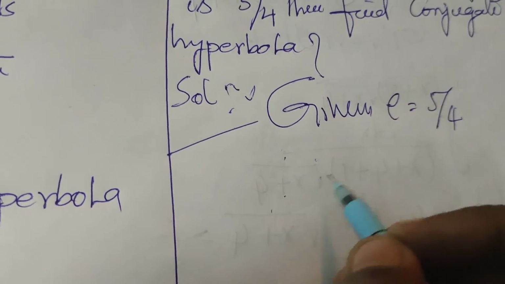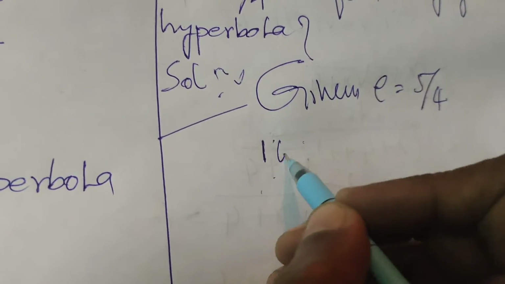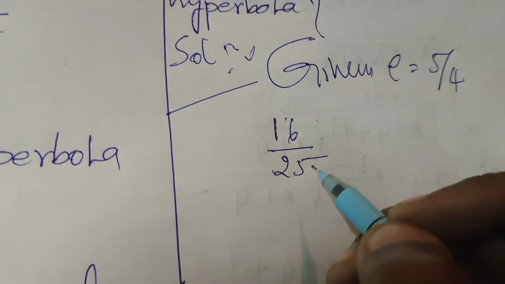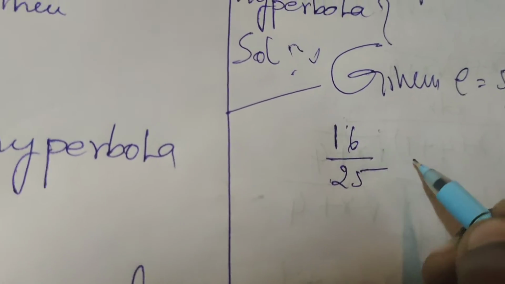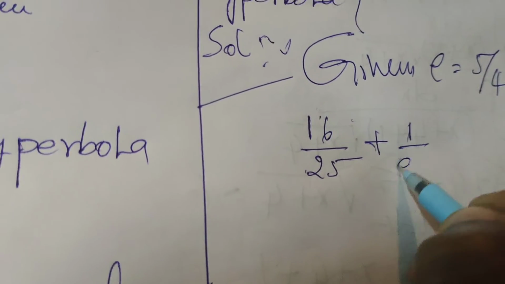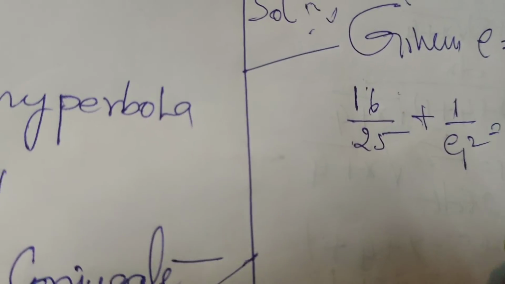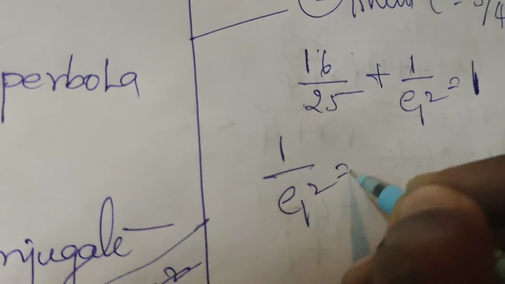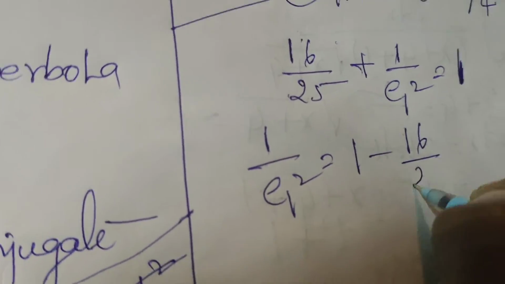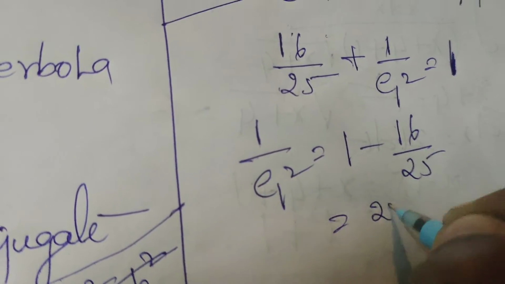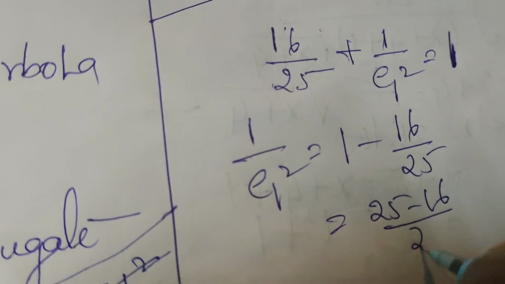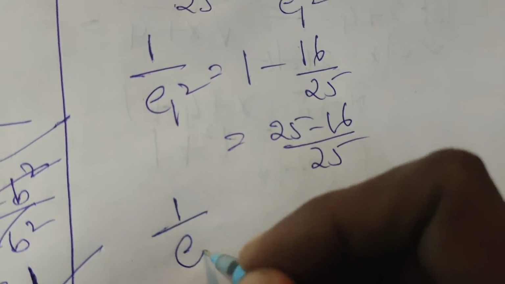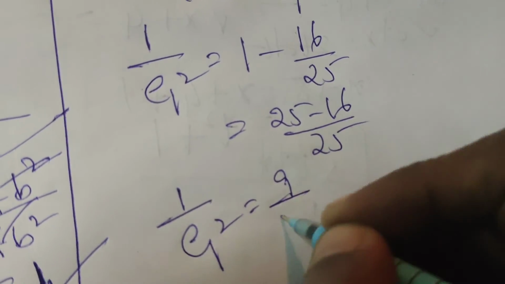Substitute e as 5 by 4. 1 by e square means 16 by 25. So 16 by 25 plus 1 by e1 square equals 1. 1 by e1 square equals 1 minus 16 by 25, which is 25 minus 16 by 25, that is 1 by e1 square equals 9 by 25.